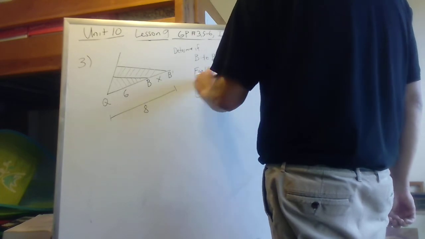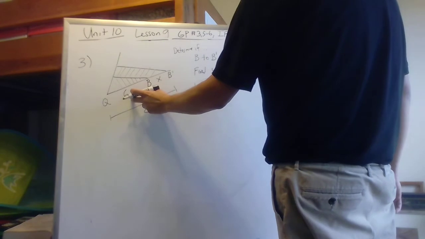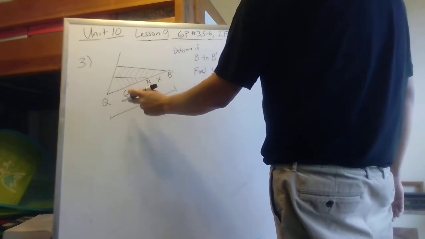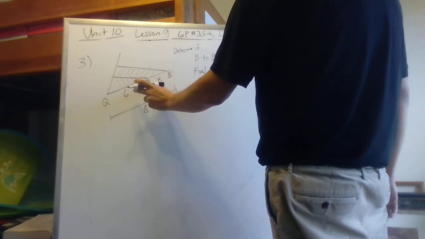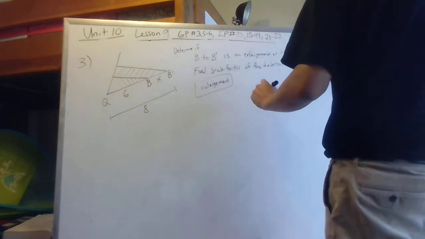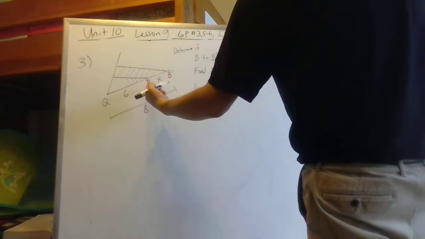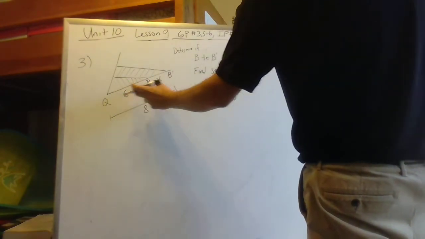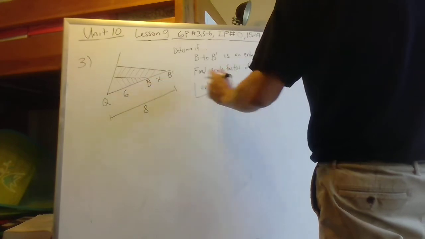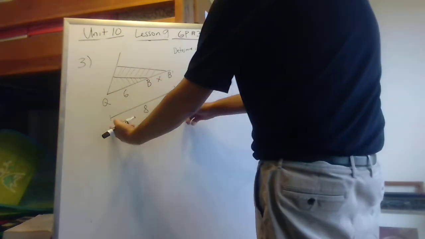All right. And then it says find the scale factor of the dilation of X. So then we have to look at this variable X and 6. What we're going to do is say 6, because that's from right here, times X. So 6X equals the total length.